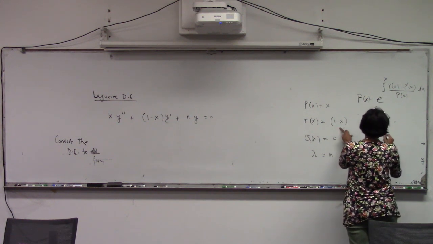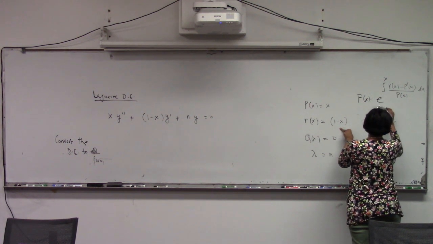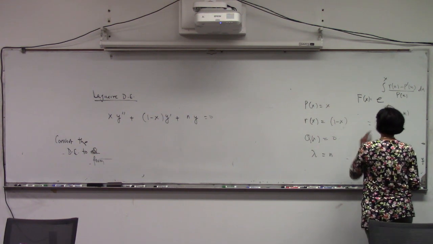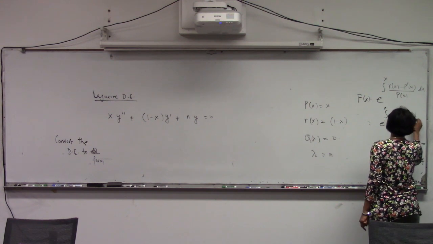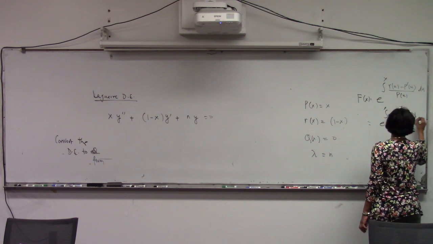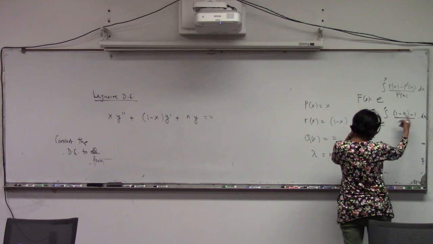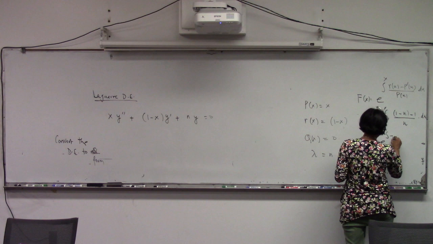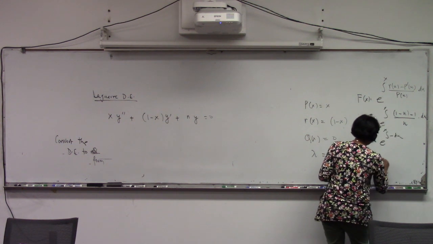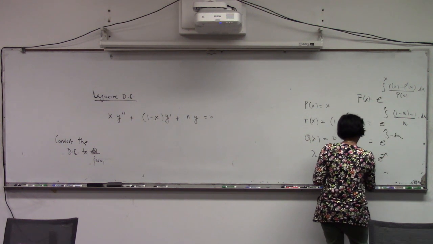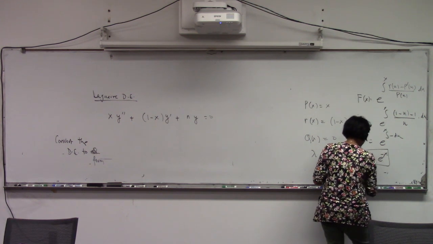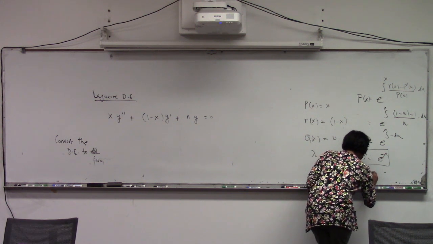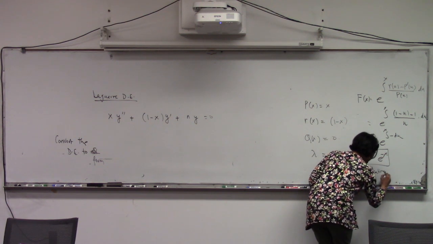R of u is 1 minus u, P of u is u. So 1 minus u over u gives 1 over u minus 1, and the 1 over u part is cancelled by the derivative of the factor, leaving negative du. So it is exponential of negative x. The weight factor, the integrating factor, is this.